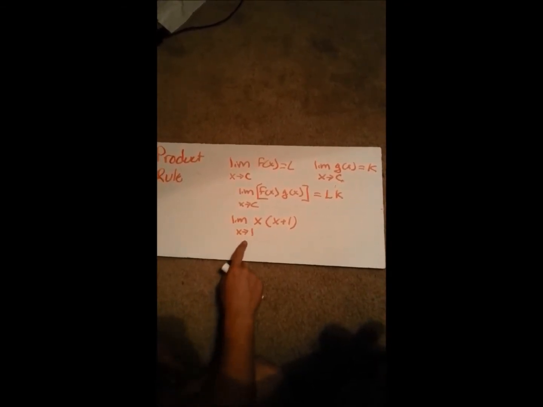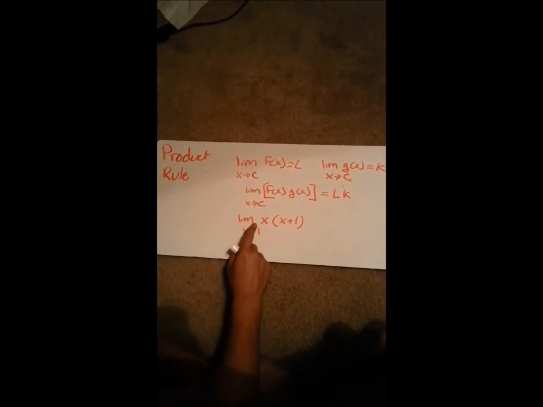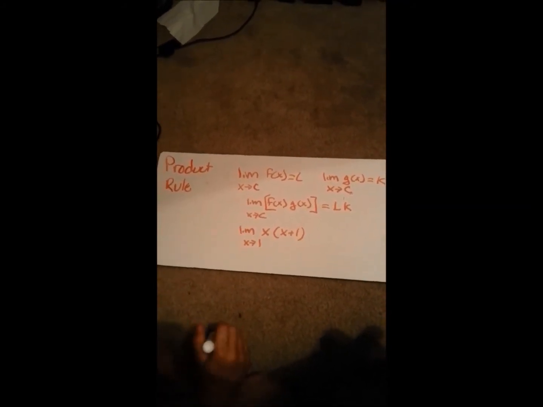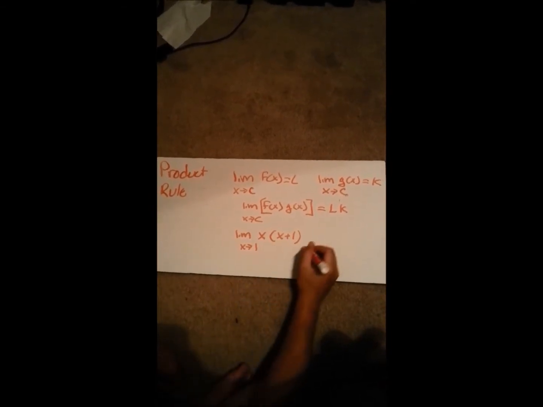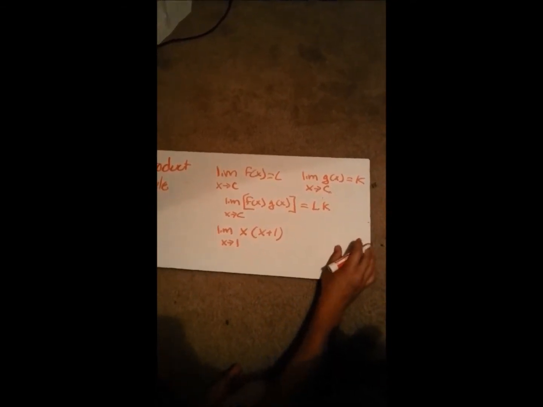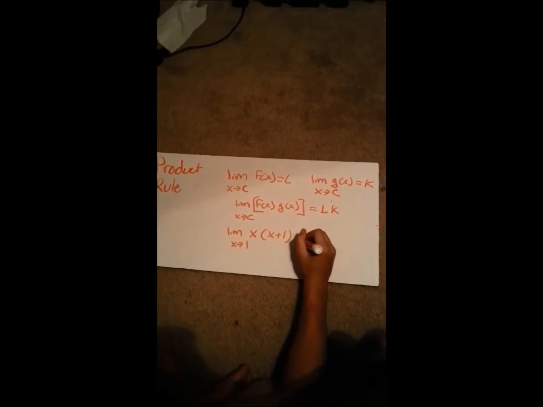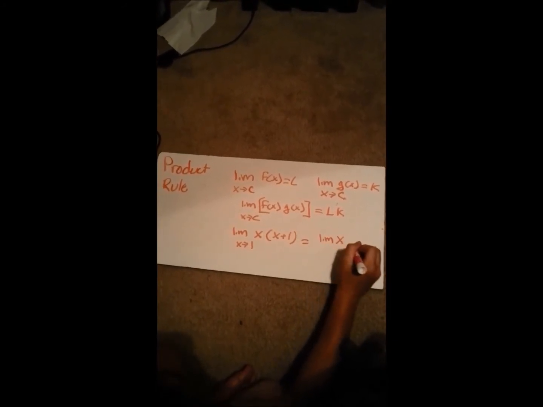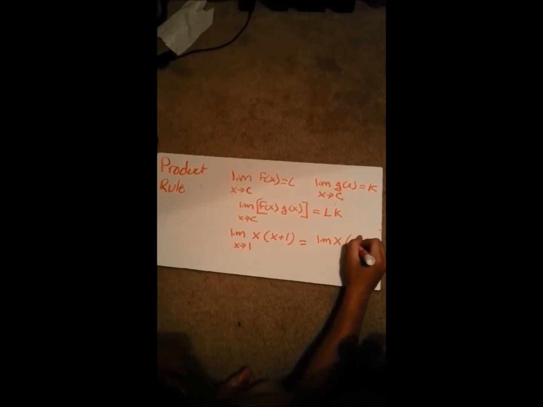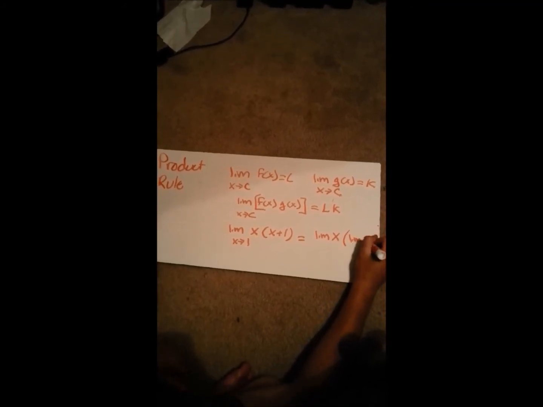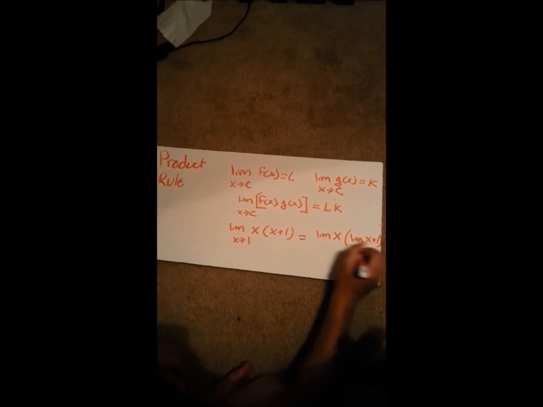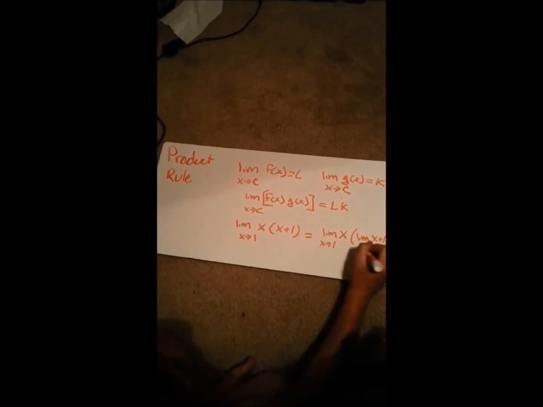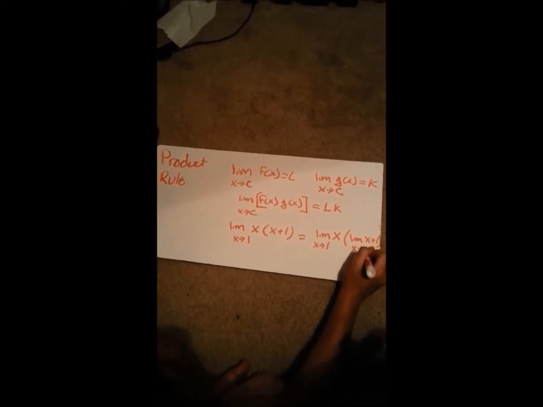So for this problem here, we have x times x plus 1 as x approaches 1. We can simplify by taking the limit of both. So we could get the limit of x times the limit of x plus 1 as x approaches 1 here and x approaches 1 here.